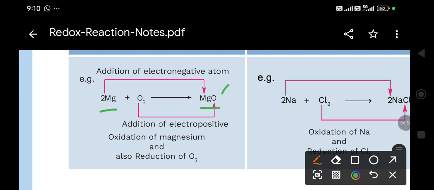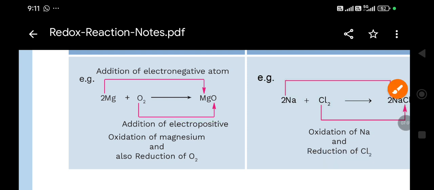So addition of an electronegative element is taking place, and this is oxidation. Whereas in oxygen, magnesium is added. Magnesium is electropositive, so this is reduction. So the redox reaction is taking place simultaneously.